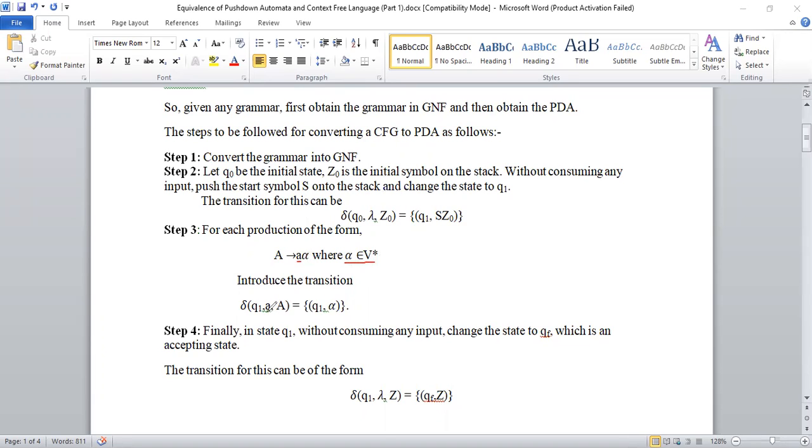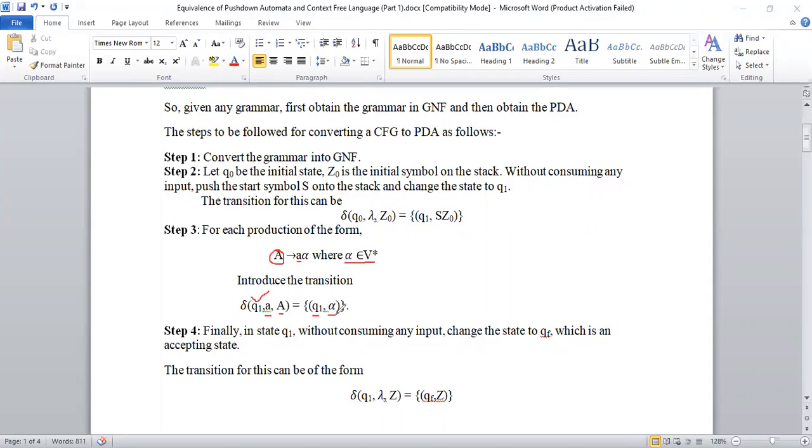So delta, where we are now in this Q1 state, Q1, a, and A on the stack. So we stay in the same state Q1, and we push alpha onto the stack. That is the main concept. For any production A to a alpha, the transition function is delta(Q1, a, A) equal to (Q1, alpha).